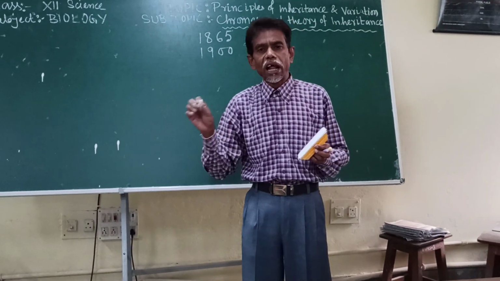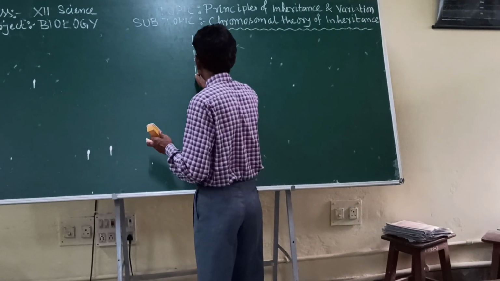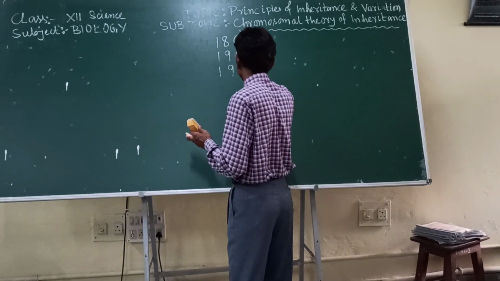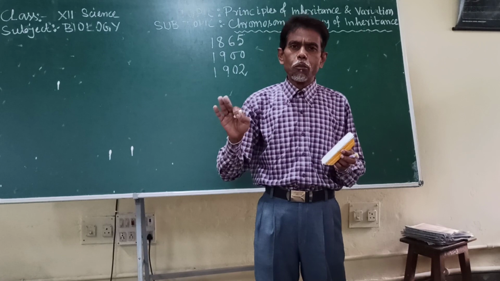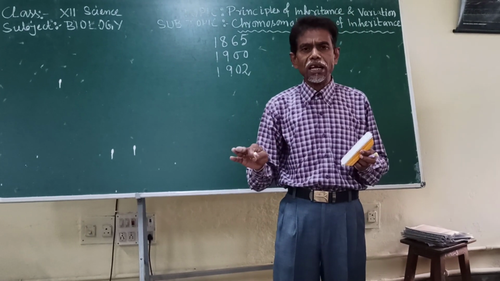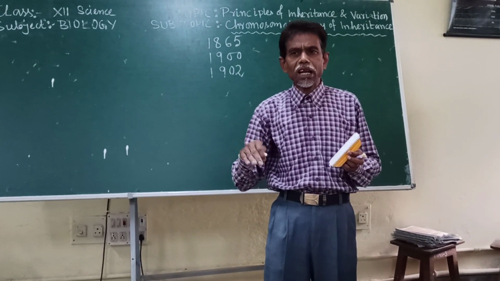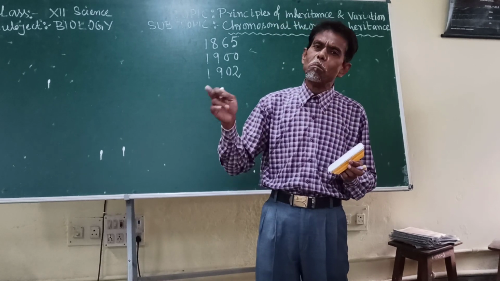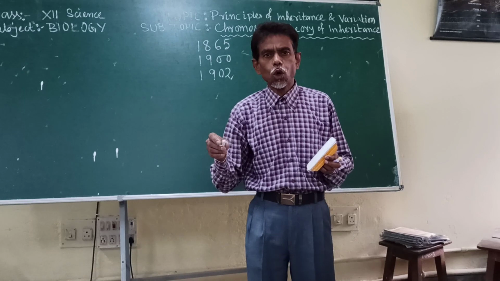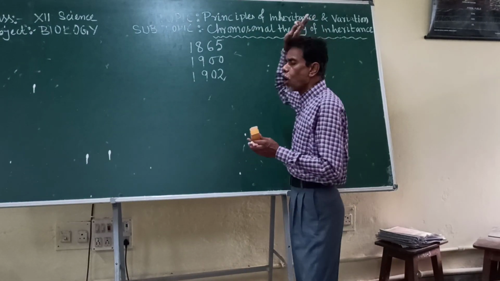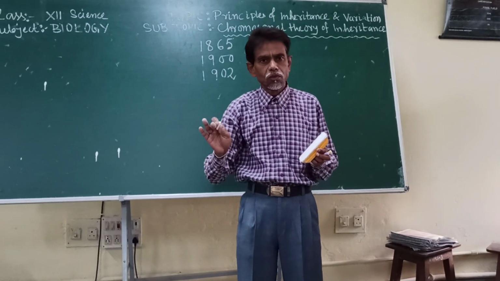And later, in 1902, Sutton and Boveri, the two scientists, gave a new concept based on Mendel's theory of inheritance. That is the chromosomal theory of inheritance.